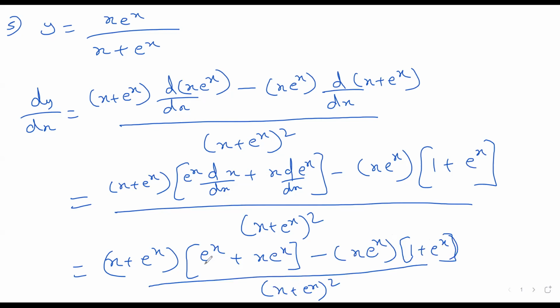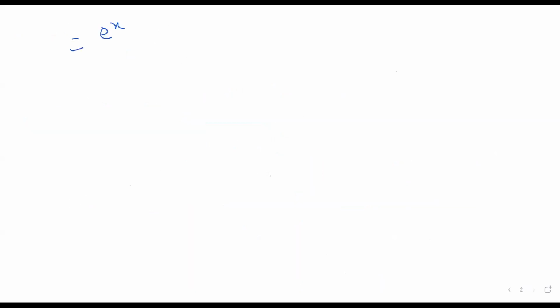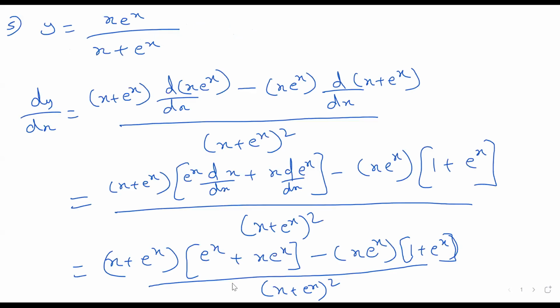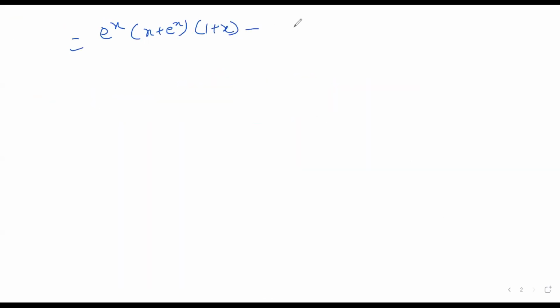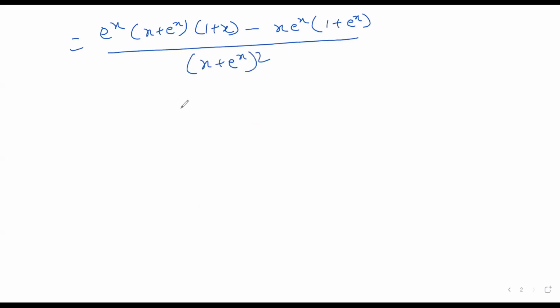We can write this as e raised to x common from here. So it will become x plus e raised to x into 1 plus x, minus x e raised to x into 1 plus e raised to x, whole thing upon x plus e raised to x bracket square.